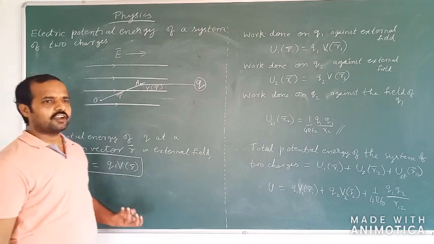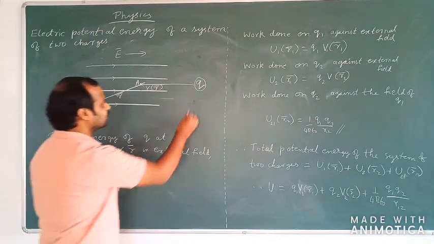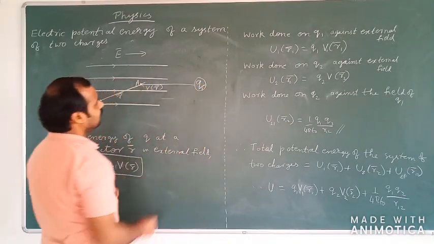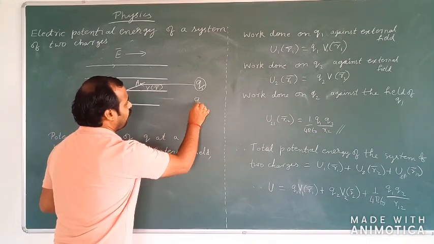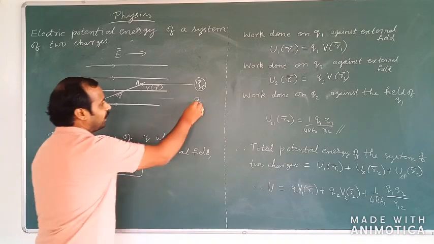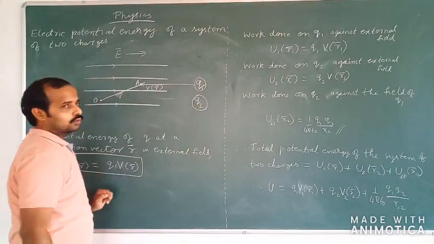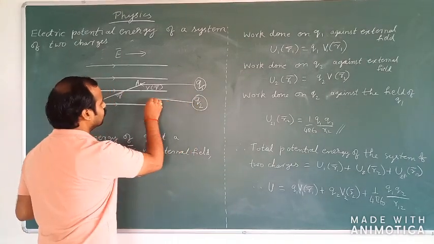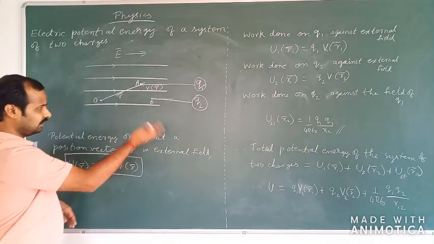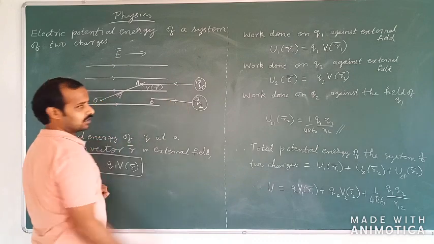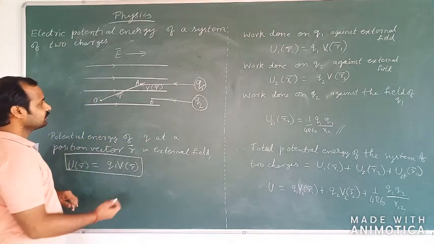Now, instead of taking only a single charge Q1, let us find the total potential energy of a two-charge system. I am going to take another charge Q2 and move it to a different position B, which is also done against the direction of the field.